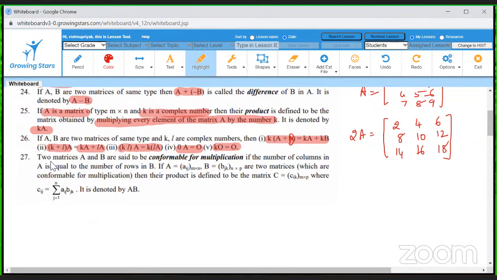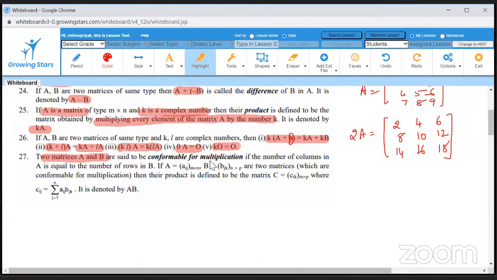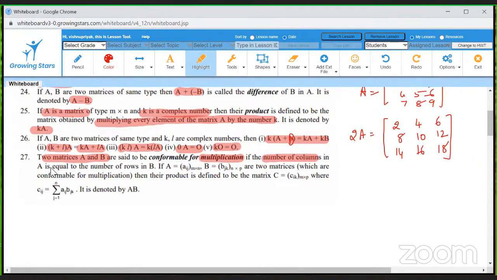Now, if two matrices A and B are there, you can multiply them only if the number of columns in A is equal to the number of rows in B. That means number of columns in A, N, and number of rows in B, N. It should be like that.